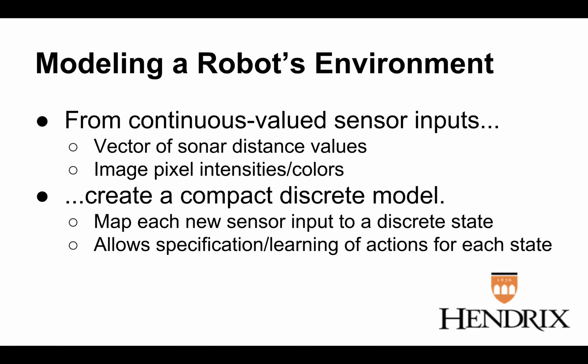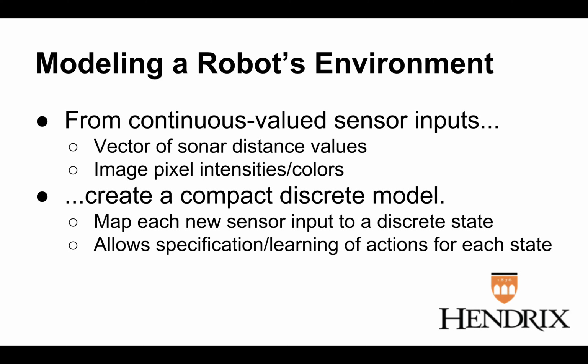One of the really interesting problems that arises in robotics is that of modeling the robot's environment. In particular, you can imagine that any interesting robot is going to be configured with multiple sensors that have continuous valued inputs of some kind.